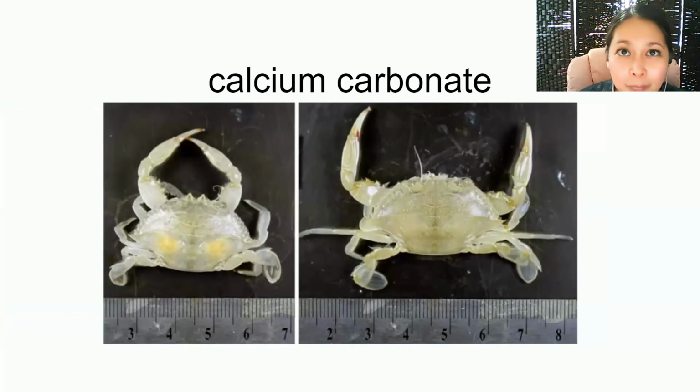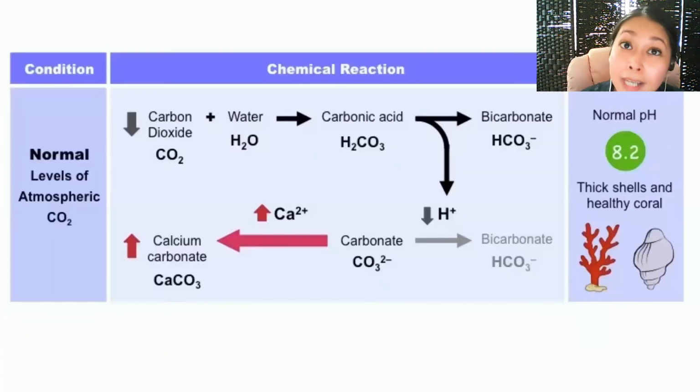Now, calcium carbonate minerals are the building blocks for the exoskeletons and shells of many marine organisms. And the ocean is rich with it due to constant processes of erosion and decomposition. At normal pH, carbonate ions in the presence of calcium turn into calcium carbonate that can be used up by marine organisms, including our crabs, for their shell development.